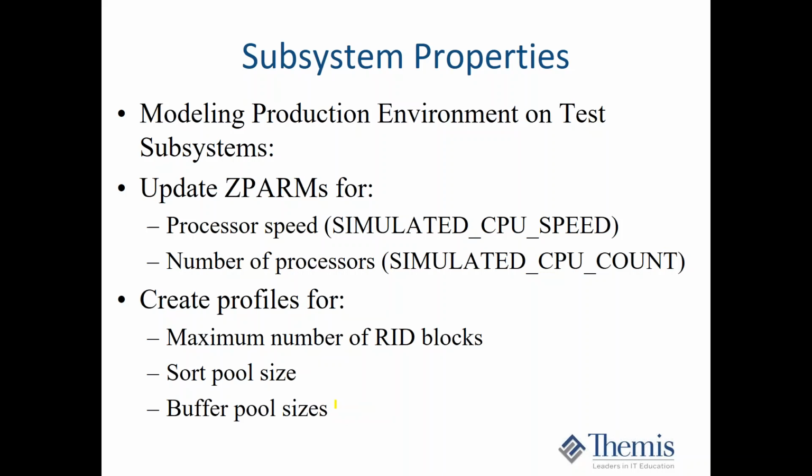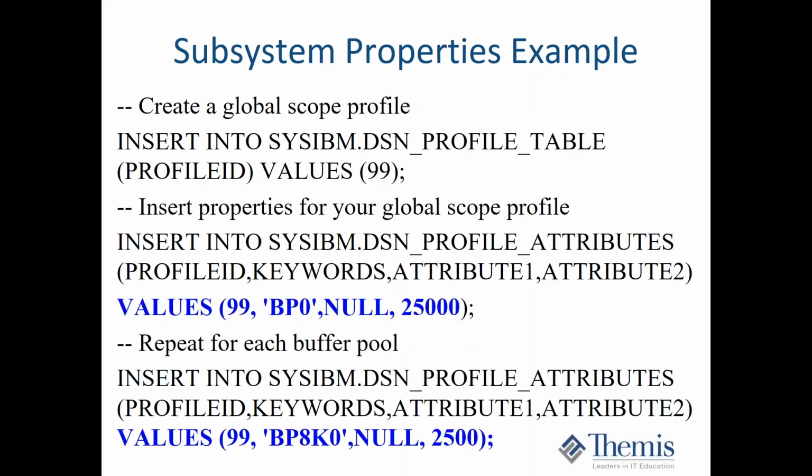So if you want tests to really reflect the CPU milliseconds and the CPU service units, as it would explain in production, you can get much closer on your test box if you make your Db2 think your test box is the same speed and size as production. So you can do this modeling and fool Db2. Now I know it's not nice to fool Mother Nature, but in this instance it's good. Make tests look like prod.